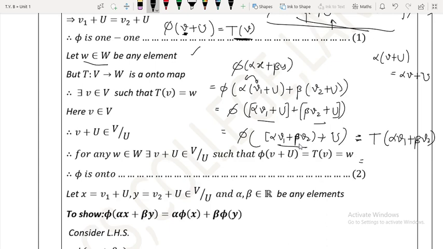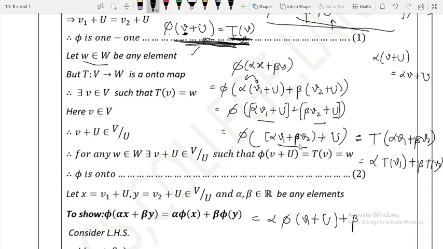But what is T of v1? In the way our phi is defined, T of v1 is simply phi of v1 plus U. So alpha times phi of v1 plus U plus beta, and similarly T of v2 will be phi of v2 plus U.